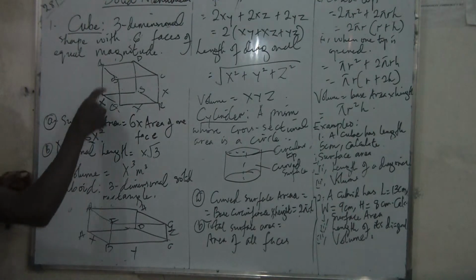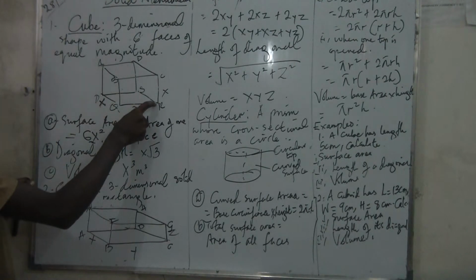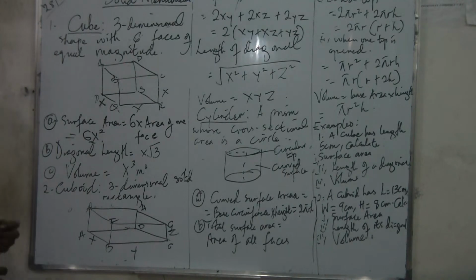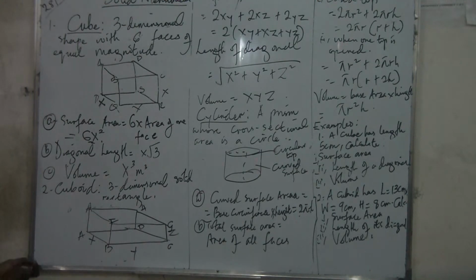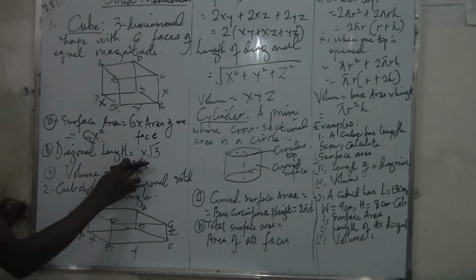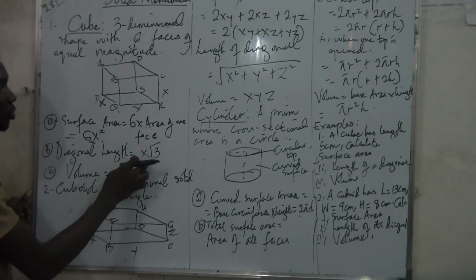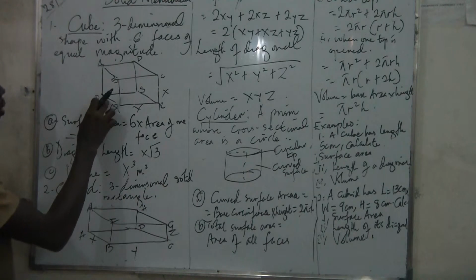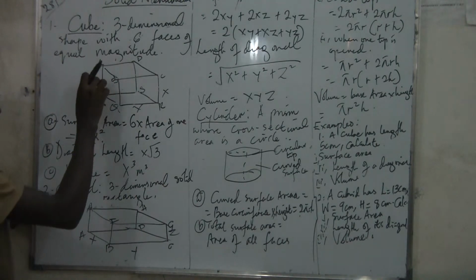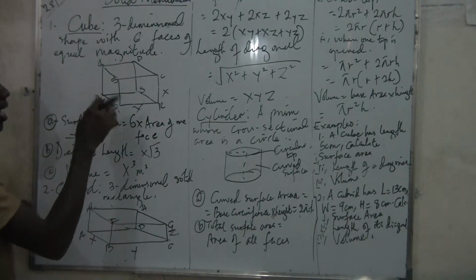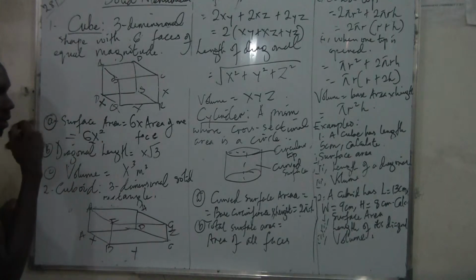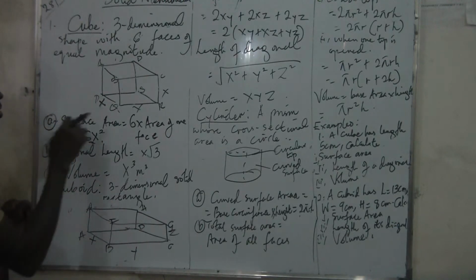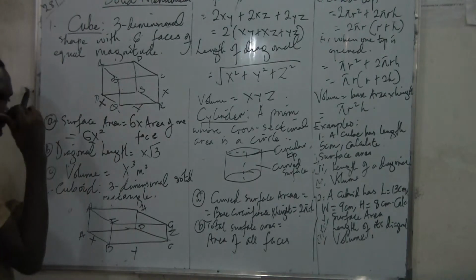The next thing we'll look at is the diagonal length. The length of diagonal is from one point here to the other point, a line that crosses from one vertex to the opposite vertex. Now, if you want to find the diagonal, it is simply x root 3. Basically, the diagonal is the square root of x squared plus x squared plus x squared, since we are dealing with the length of the 3 parts.